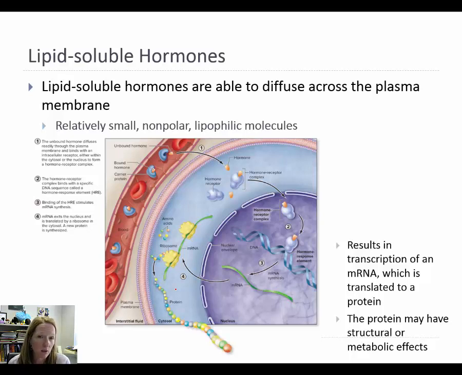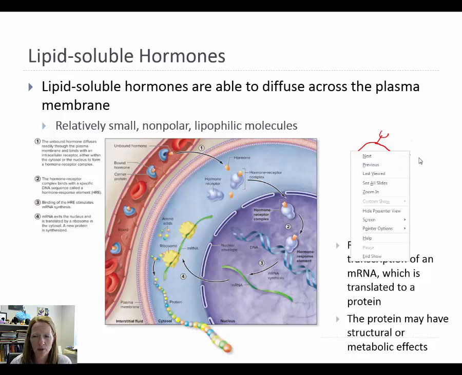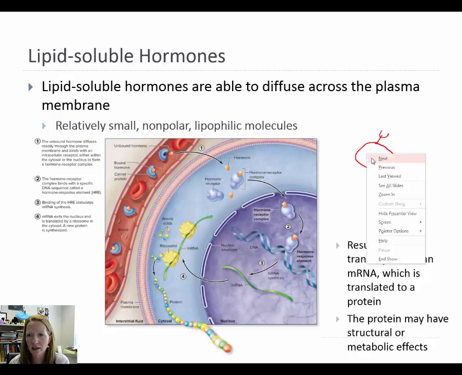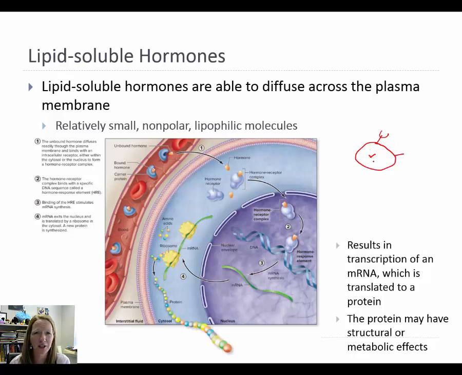All of the cells we've been looking at so far, with receptors like this, are actually for water-soluble hormones. The ones for lipid-soluble hormones are inside of the cell, so they're going to be like this, inside. There it is. So that's what we're looking at here.